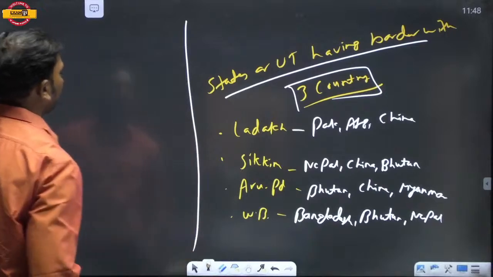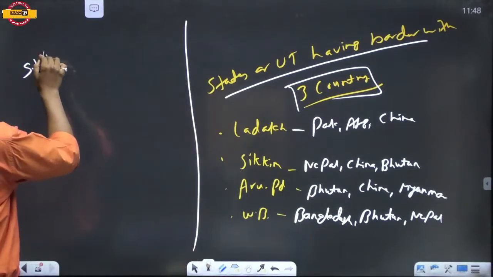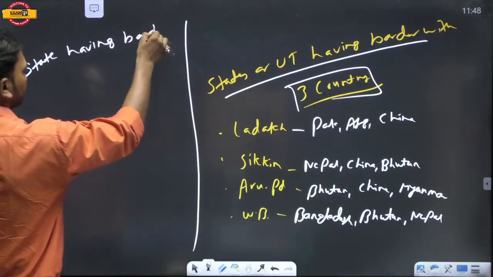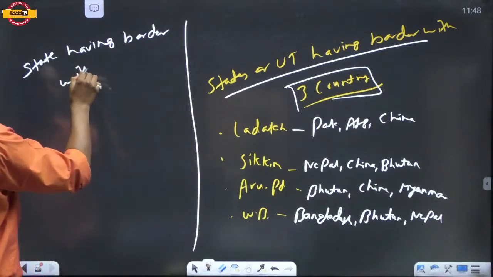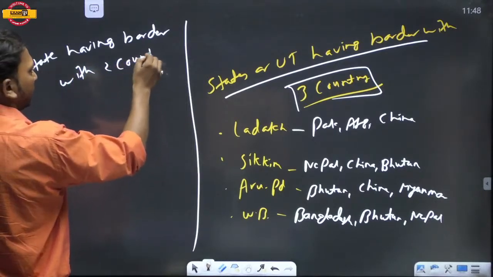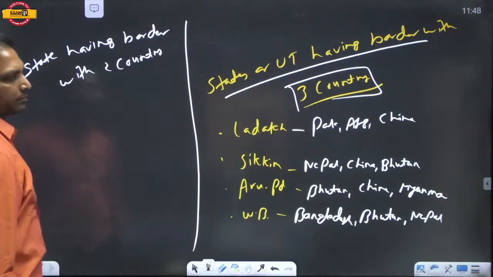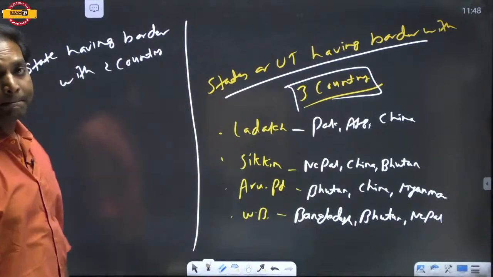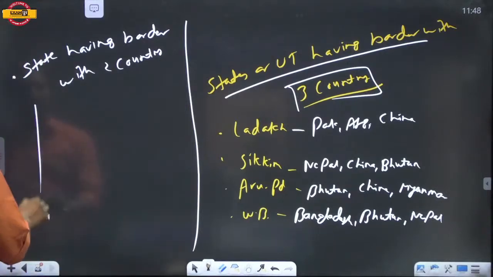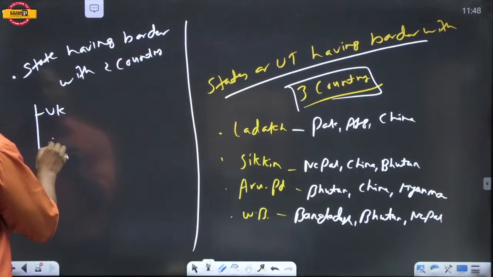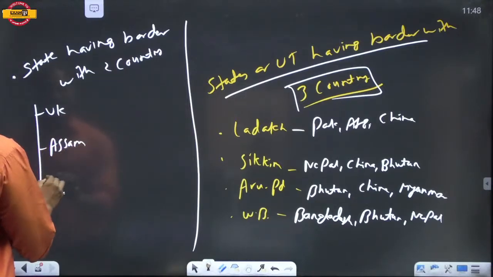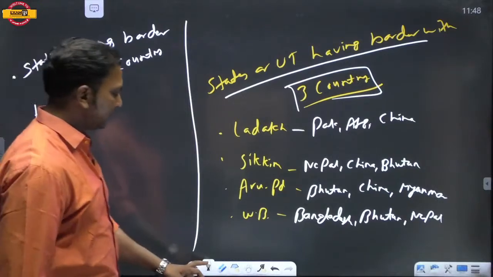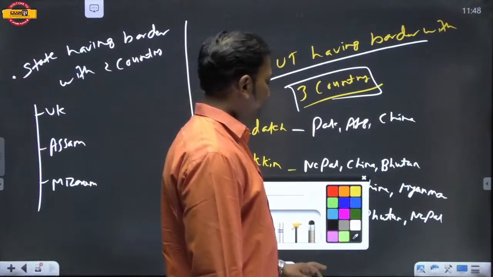And now again we are saying states which have a border with two countries. Today this is the revision class, where we are getting facts about the physiography of India. Here it is Uttarakhand, Assam and Mizoram. Can you say how many states have a border with the neighbor countries?